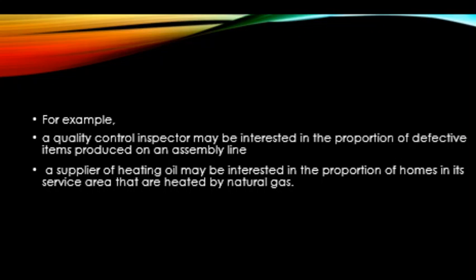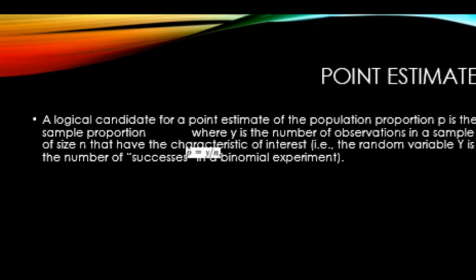On the other hand, a supplier of heating oil may be interested in proportion of homes in its service area that are heated by natural gas. In both cases, the population is pretty large, and to get the actual value of the proportion might not be practically possible. So we would like to estimate this value using confidence intervals.